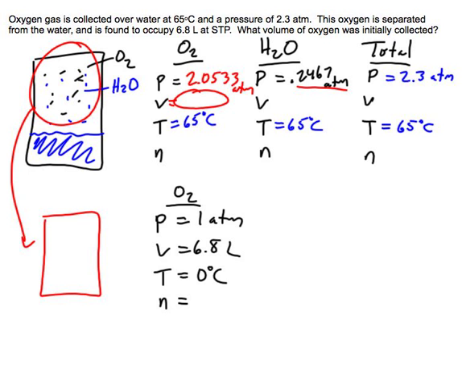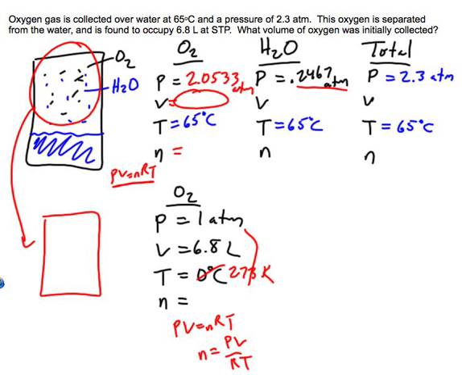I'm looking for V. There are two ways to go about this problem at this point. Normally if I'm looking for V, I can use the equation PV equals nRT and solve for V. But I don't know my moles. So one way is to find the moles of oxygen using this equation. Remember, I'm always using Kelvin.